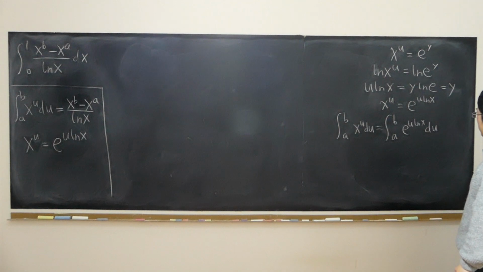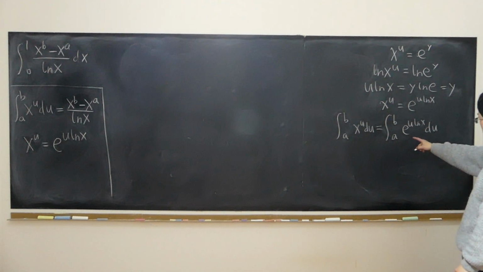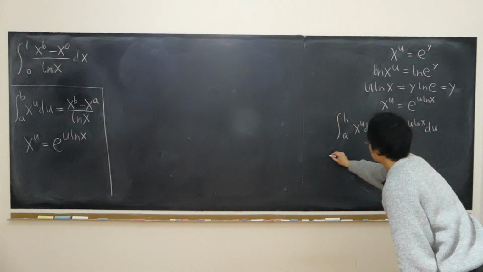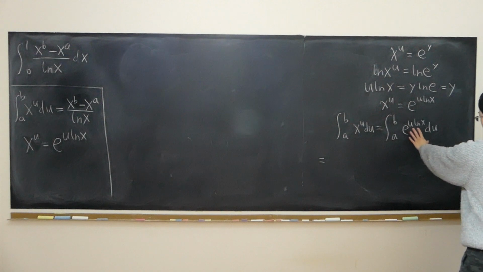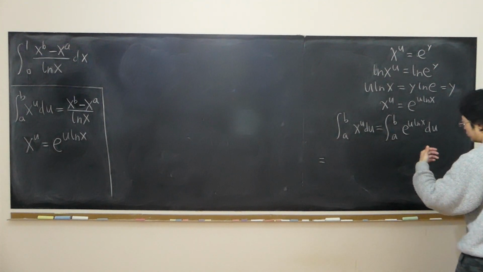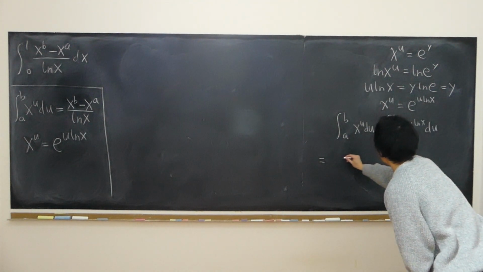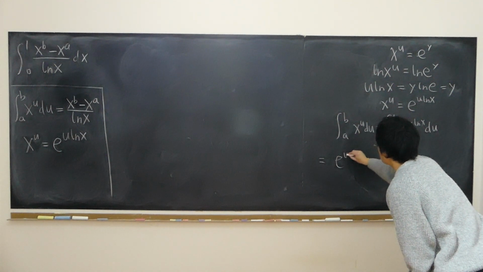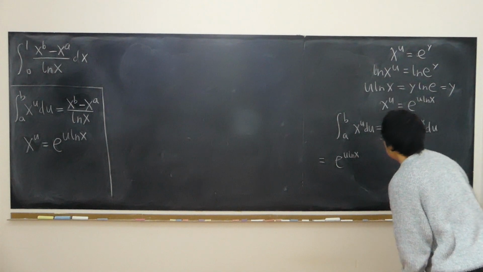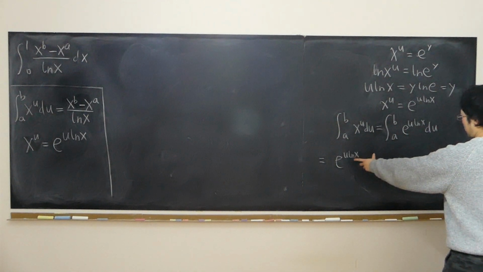Now, we already know that for e to the power of anything, the antiderivative should be e to the power of the same thing times some constant, which we will figure out. So that is equal to e to the power of u times log of x, times some constant.